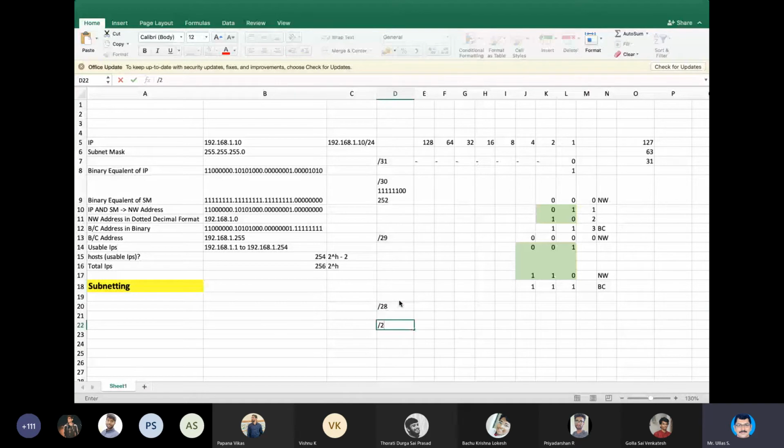So at least 1 bit I have to keep for subnetting. Any doubts as of now? What all I have explained, are they clear, guys?